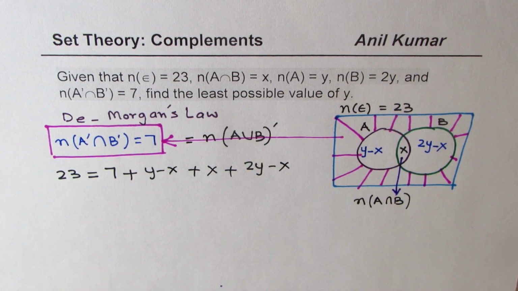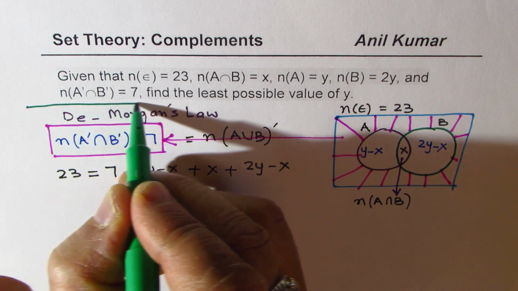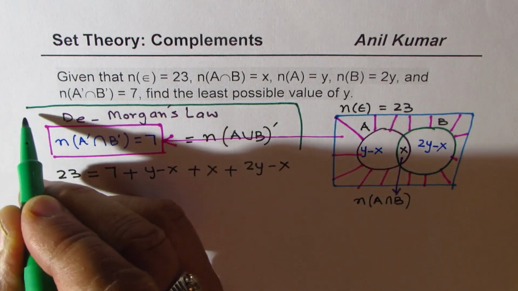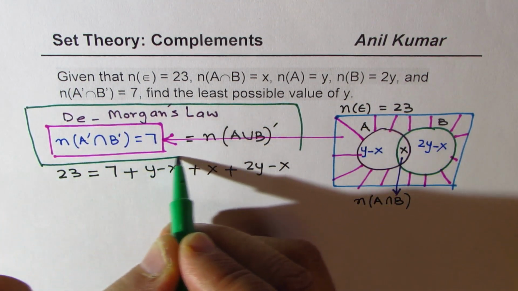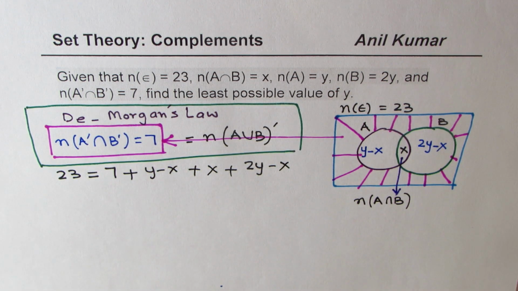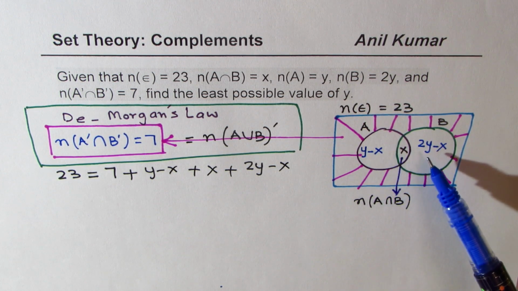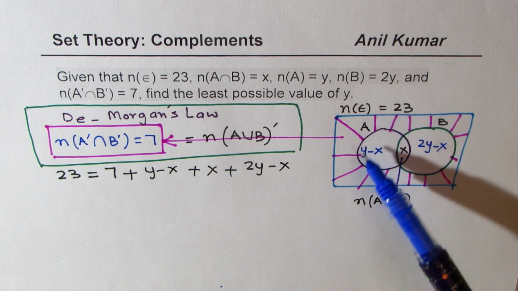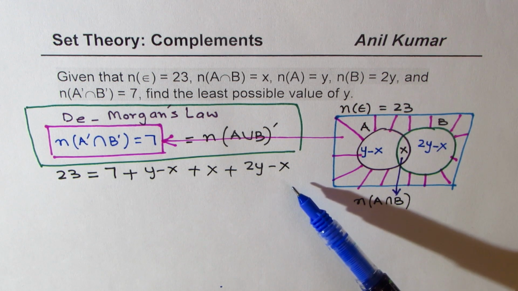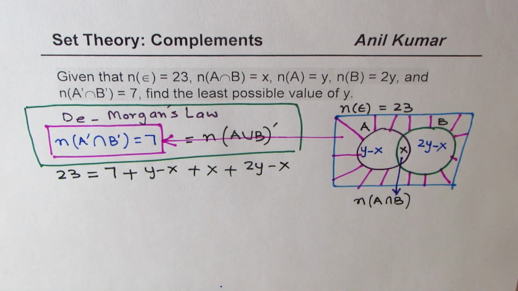Do you get the idea? So if you apply De Morgan's theorem in one step, you could actually get your solution, I should say, not exactly. But the approach which I am following here is easy to understand. Begin from the intersection, move out, try to get all the elements, and then you see the combination and the equation. Perfect. Now let's see how to solve this.